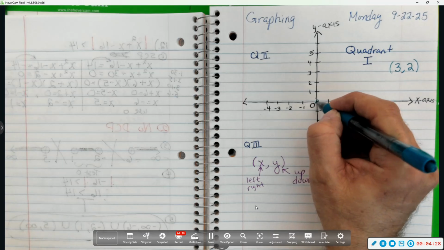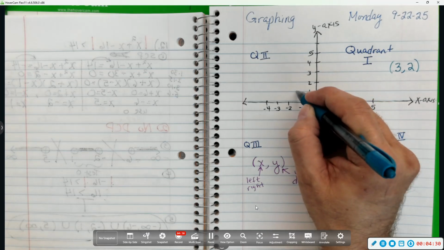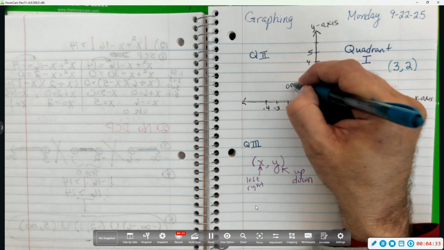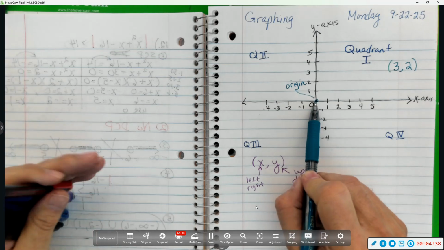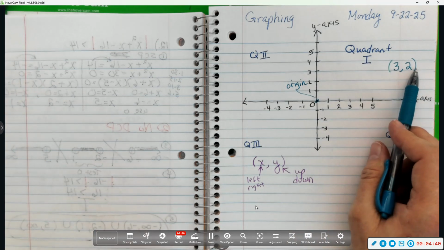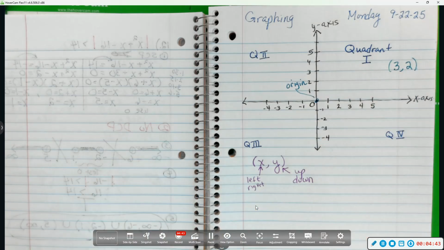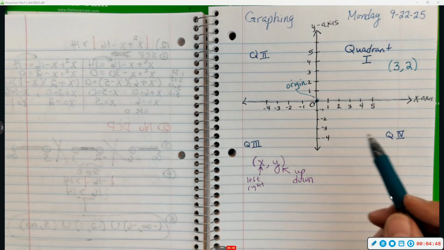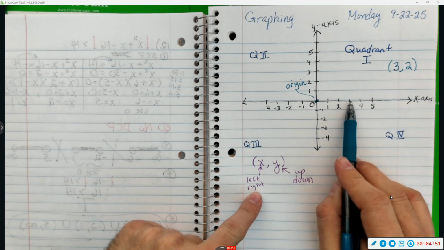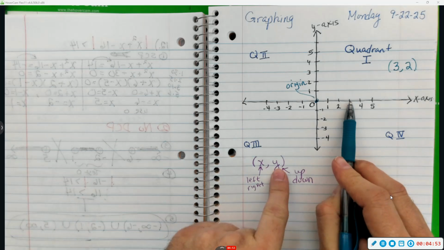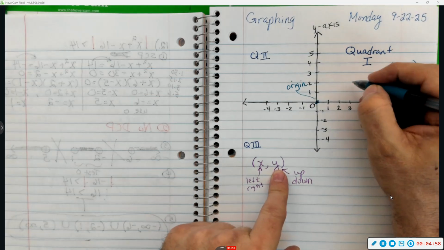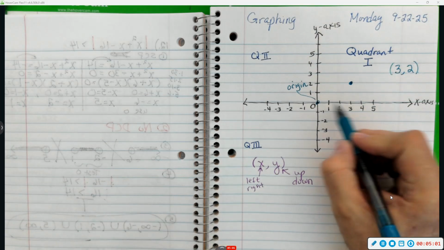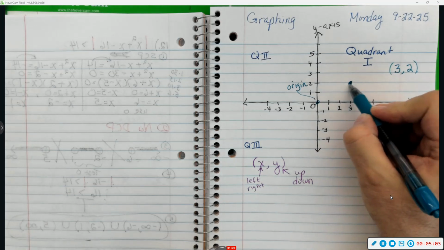Since this is where you're going to start, that intersection is called the origin. So we start at the origin. To plot the point (3, 2), using the words left, right, up, down, since the x value is positive we move right 3, and the y value is positive, so up 2. Right 3, up 2.